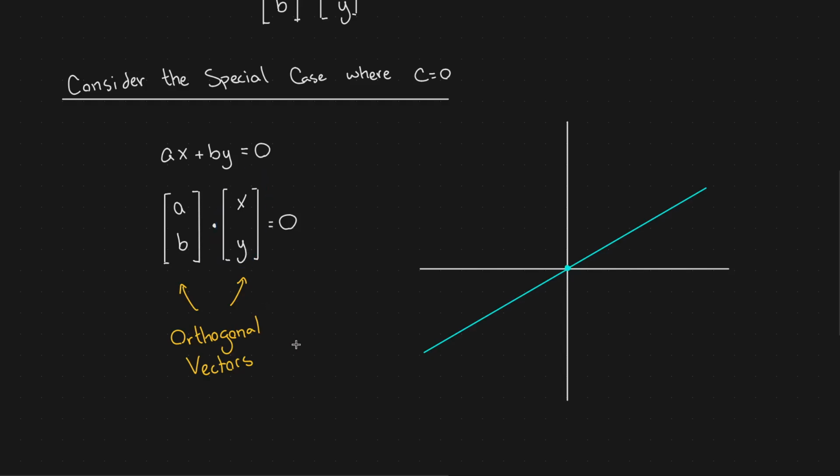And here, every vector x, y, if it's a point on the line, then the vector from the origin to the point, the vector x, y, is parallel to the line, right? Now, the claim here, the observation here, is that when we have 0 on this side, vector a, b is going to be orthogonal to vector x, y, which means it's going to be orthogonal to the line.